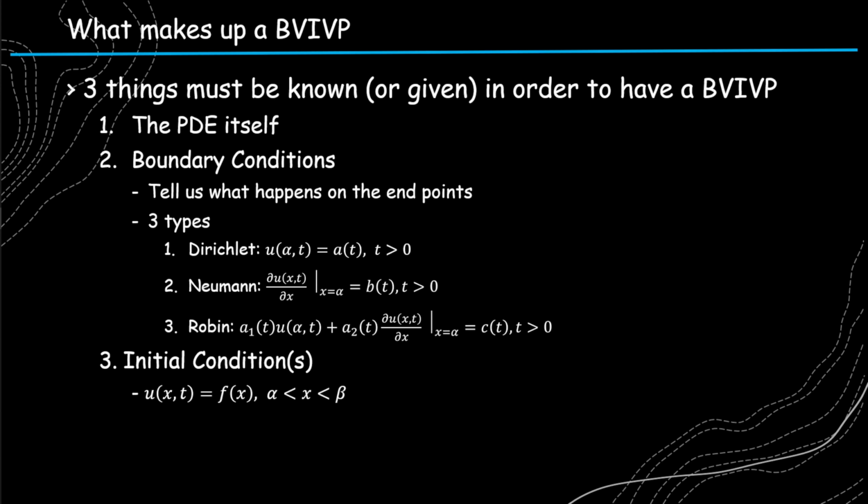So it's usually, at time equal to 0, what position or what temperature or whatever other variable we're looking at is. And again, it's going to be within the domain of interest, which is between alpha and beta.